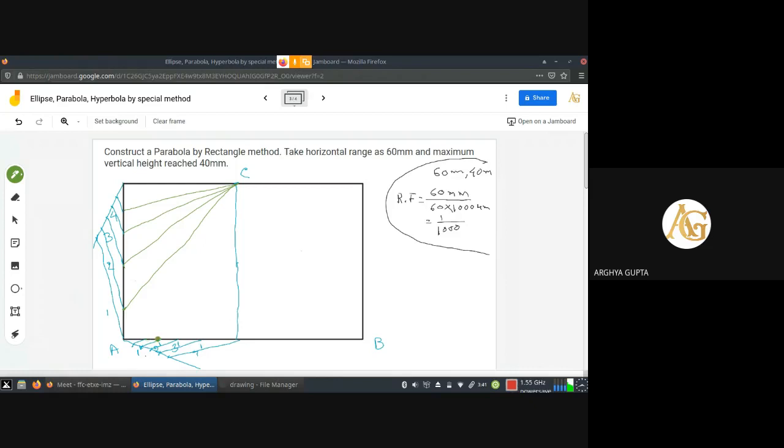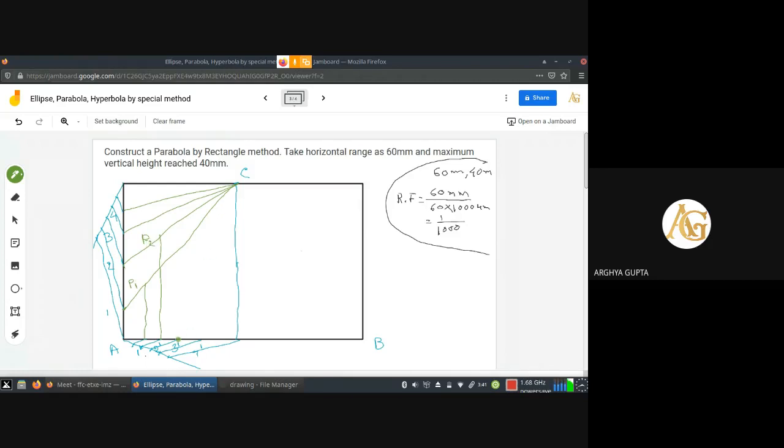Now from these points 1, 2, 3, 4, we have to draw vertical lines. From 1, a vertical line up to the line 1, so that will be P1, one point of the curve. From 2 also, a vertical line up to the line 2, so that will be P2.